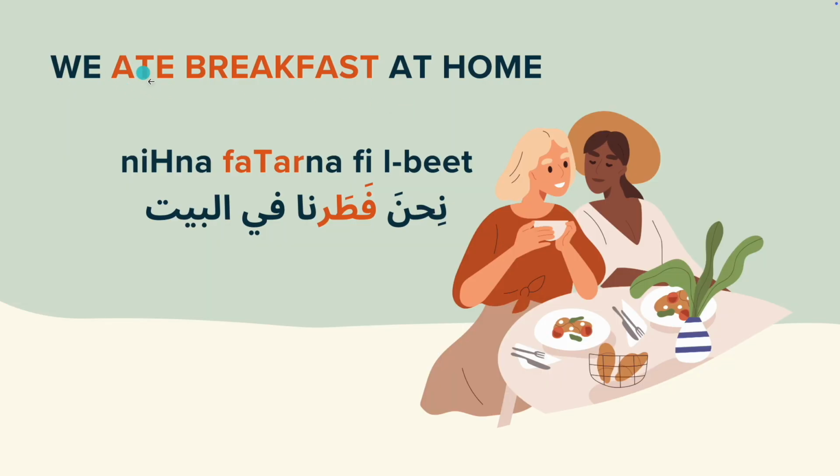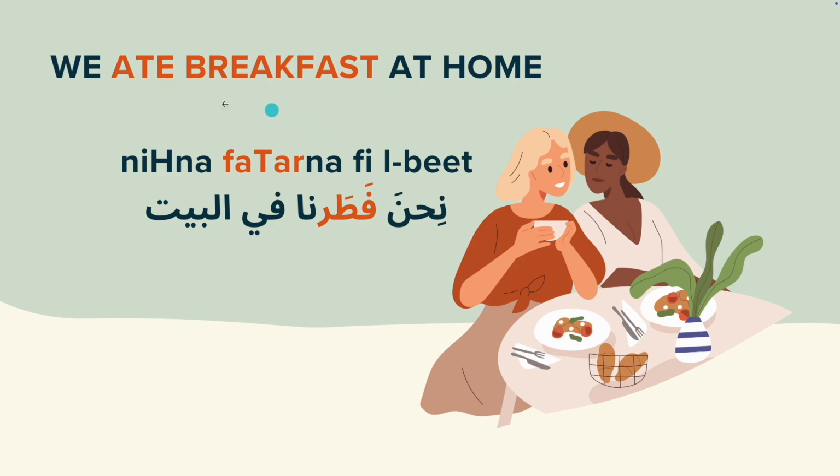And if you want to say we ate or we had breakfast at home, say نحنا فطرنا في البيت. We ate breakfast at home. فطر is the root verb to eat breakfast. So to conjugate it for the pronoun نحنا, just add na at the end of the root. So نحنا فطرنا, and they kind of rhyme, right?